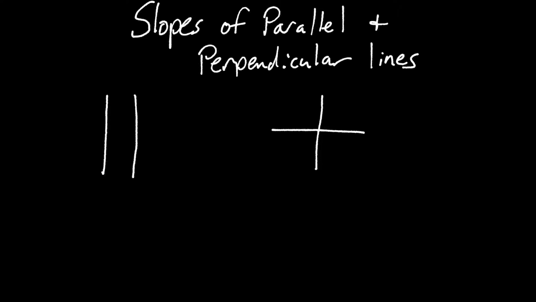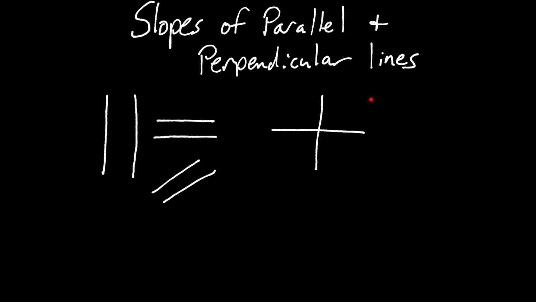And they don't have to be always up and down. You could have parallel lines that are left to right or diagonal. As long as they never touch each other, they never intersect, they never get closer or farther apart, they stay exactly that distance apart their entire existence, they would be considered parallel lines.